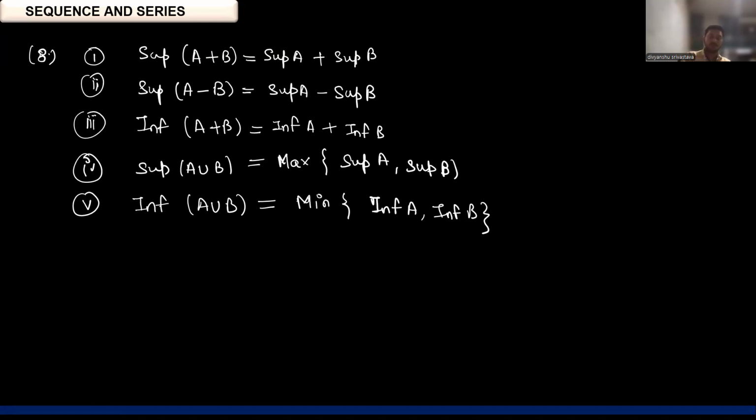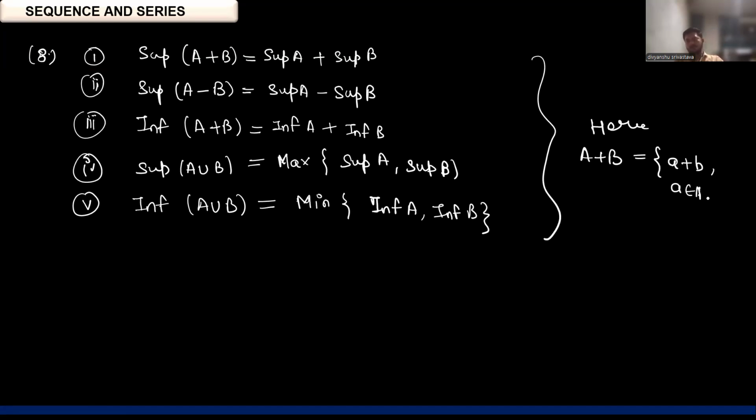These are the important observations. And here a plus b is equal to a plus b, where a belongs to A and b belongs to B. And second, a minus b is equal to a minus b, where a belongs to A and b belongs to B. These are the basic observations.